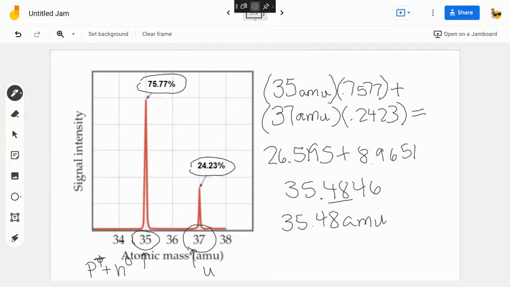Now I can go to my periodic table of the elements, and I can find out which element this is most likely to be. And I see that chlorine has a mass of 35.45. So the fact that it's not exactly 35.45 means that we're in just a little bit different of a region. So we're going to say that this element is chlorine.